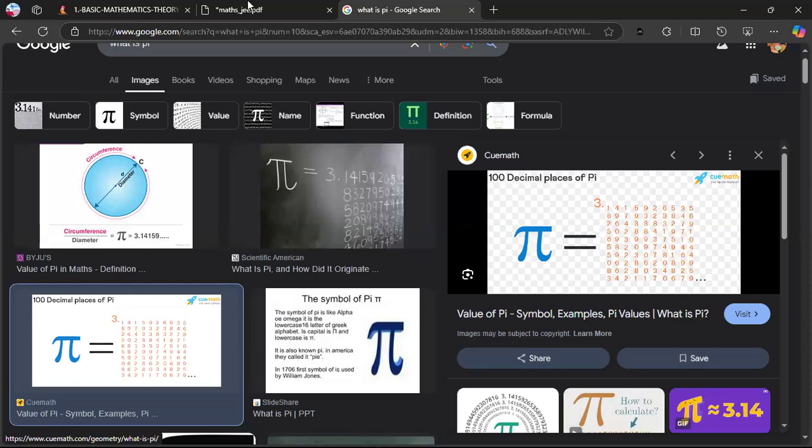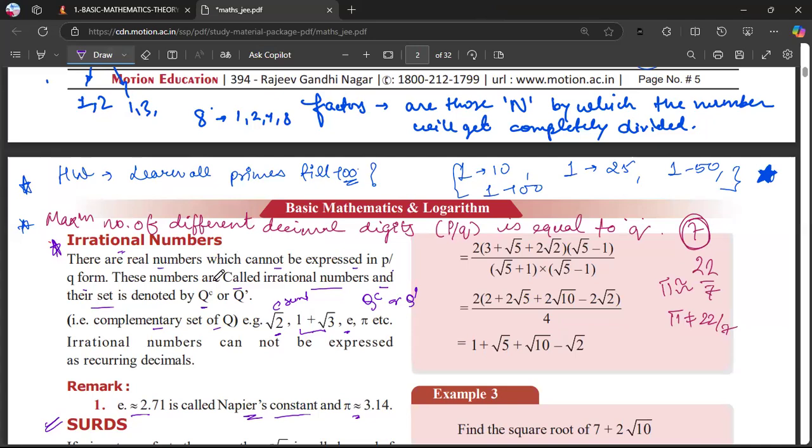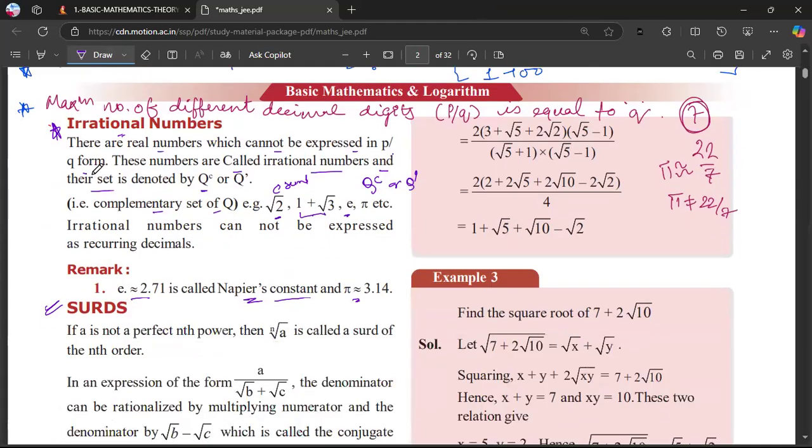Okay. So now this is how irrational numbers can be, and the square roots of these numbers, all surds, are irrational numbers. And remember that square root of 4 is not an irrational number because it solves to 2.